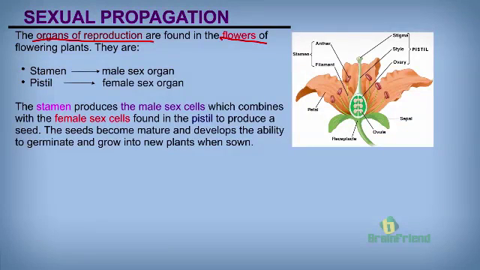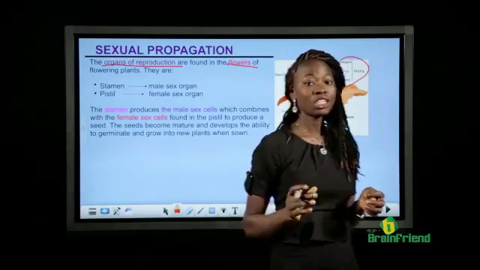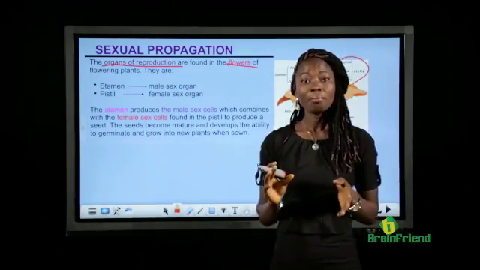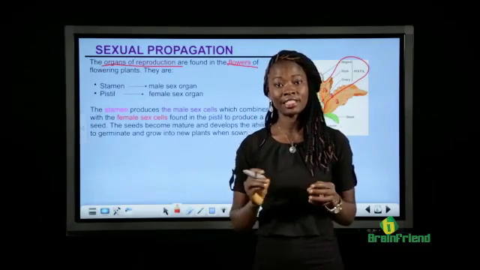In flowering plants, the organs of reproduction are found in the flowers, and they are the stamen, which is this organ. The stamen is the male reproductive organ, and the pistil, which is this, it is the female reproductive organ. These organs produce male and female sex cells.